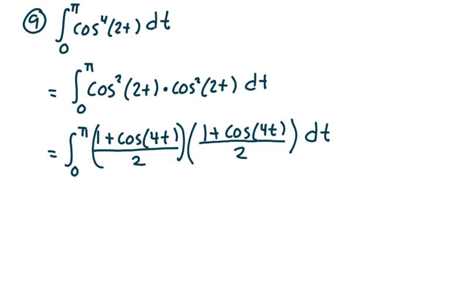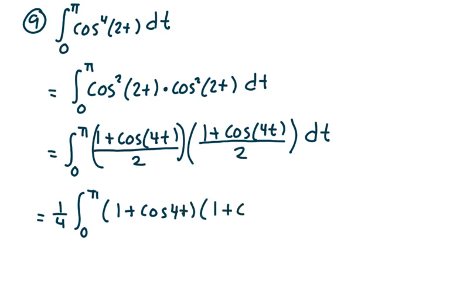Now, I'm going to pull the 1/4 out in front of the integral, and then I'm going to integrate from 0 to pi of 1 plus cosine of 4t times 1 plus cosine of 4t dt. So notice I'm really trying to go just step by step.